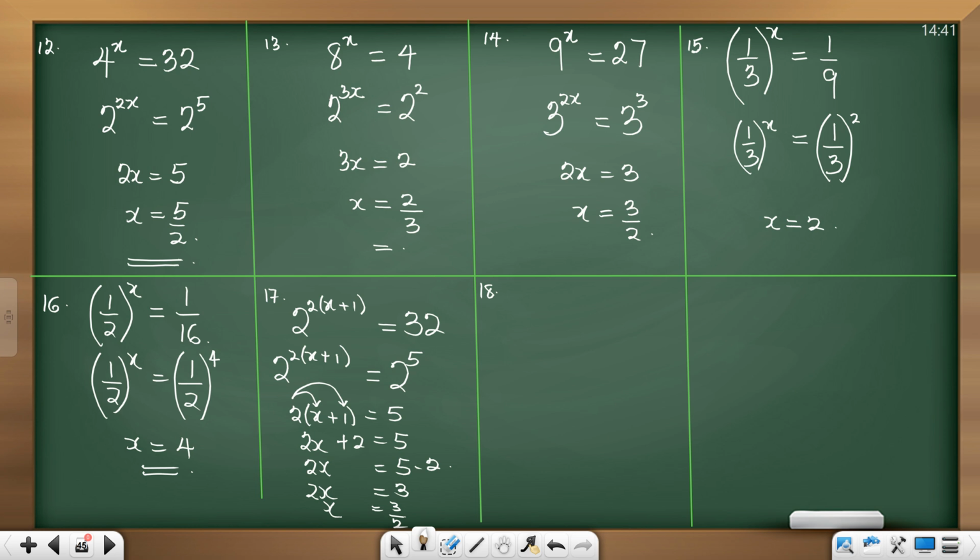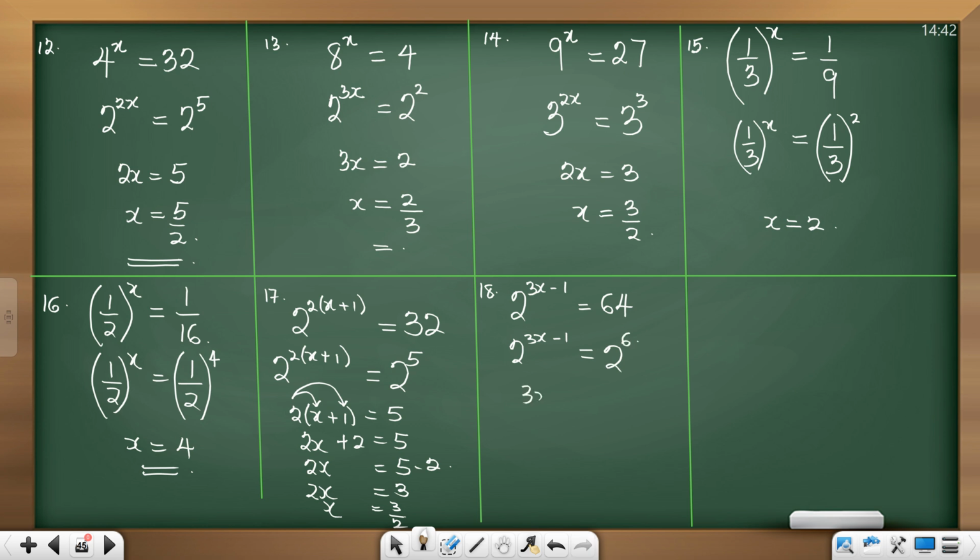Okay, just 2 more for fun. All right, 2 more just for fun. 2 to the power 3x minus 1 equals to, what is this? 2 to the power 6.